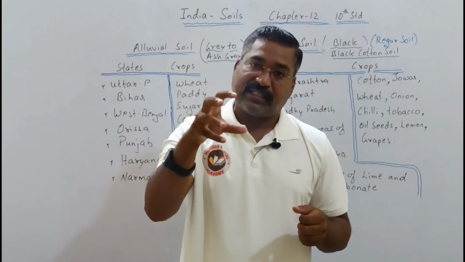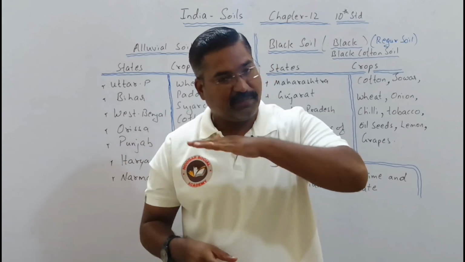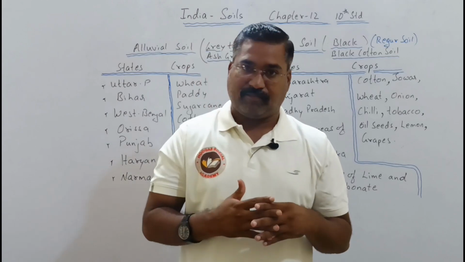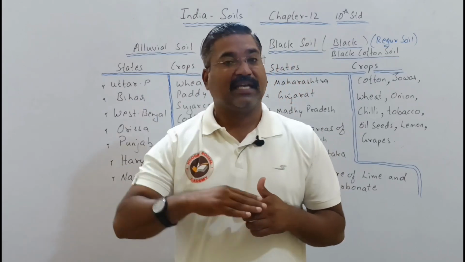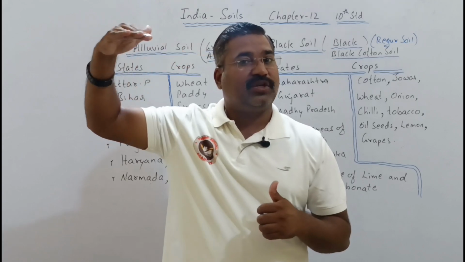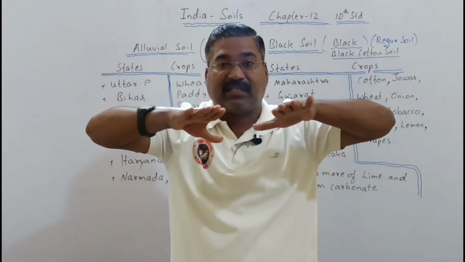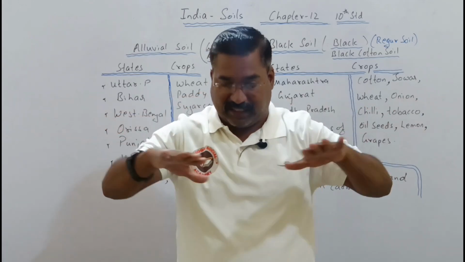So alluvial soil is a rich deposition of minerals, found almost in the central part of India, in low-lying areas. When we say low-lying areas, it should come to our mind the surface area of Shivalik.